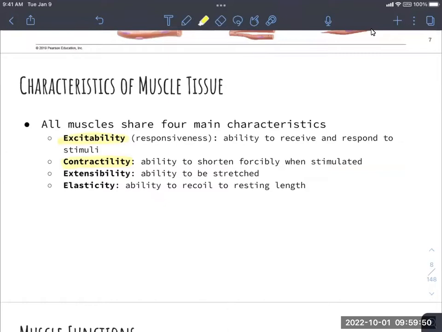Your muscles are what let you pick something up off of the table, pump blood through your heart, move food through your intestines. Then you have extensibility. All muscle can stretch. But if they can be stretched, they need to have elasticity to be able to go back to their resting length.